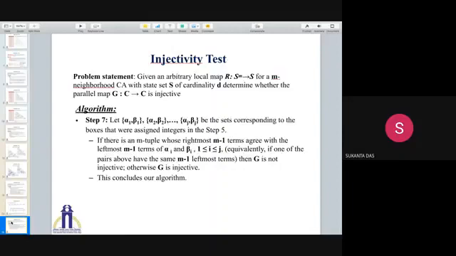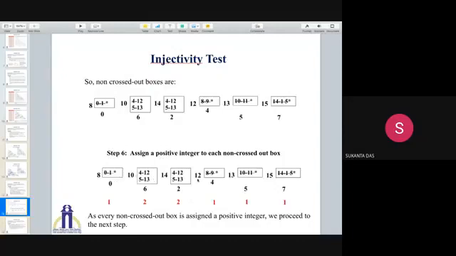What is it saying? Suppose alpha 1, beta 1 is one set, alpha 2, beta 2 another set, alpha j, beta j another set. The sets correspond to boxes that were assigned integers in step 5. Okay, here I have 1, 2, 3, 4, 5, 6 sets.